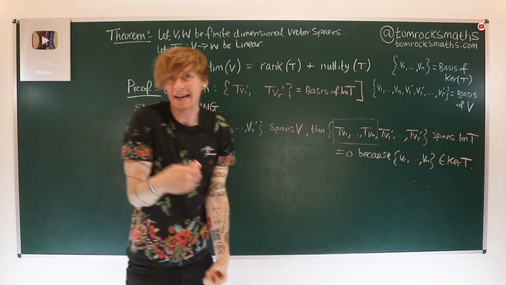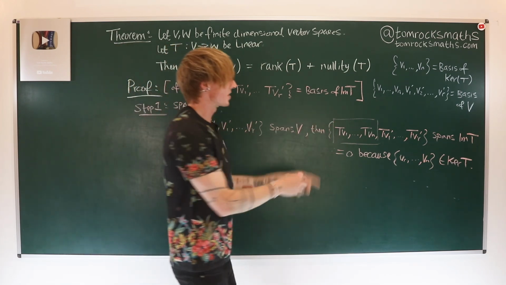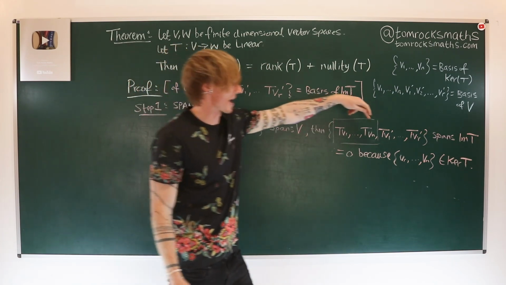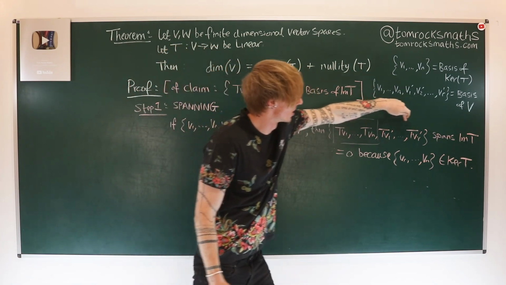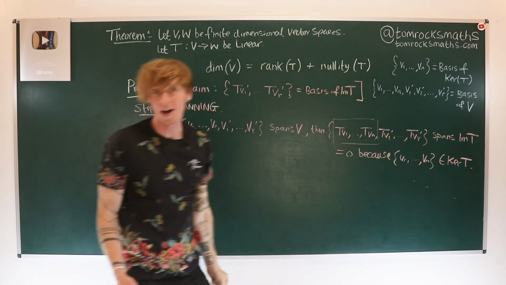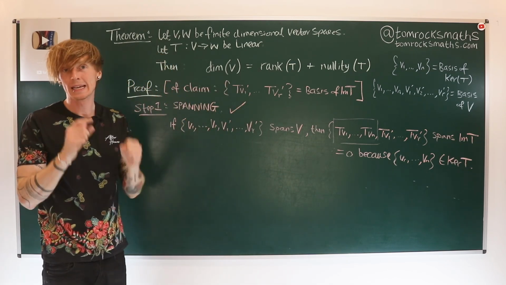It means when you apply T to those vectors, you get 0. So all of these are just the 0 vector. The actual span is in fact just T applied to v1 prime all the way up to vr prime. So we can conclude step 1, spanning, is true.